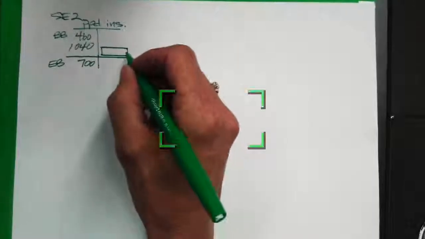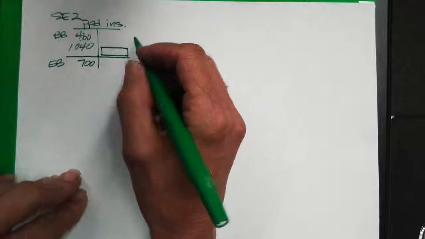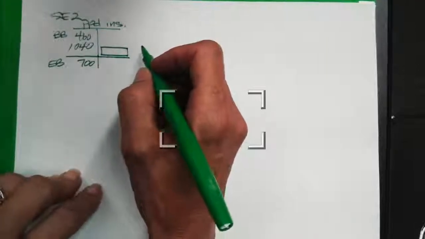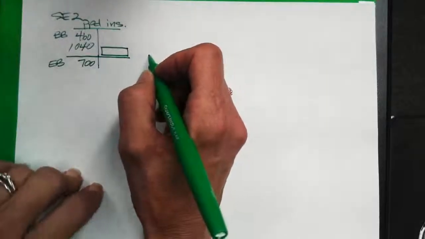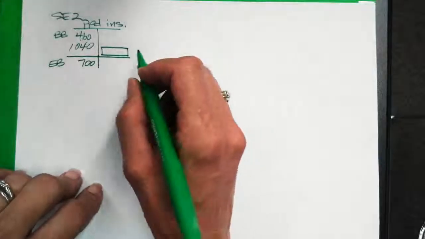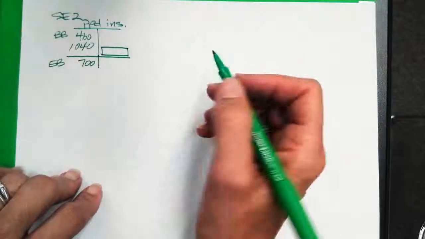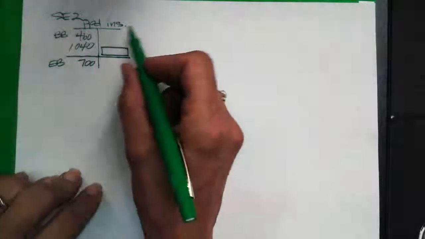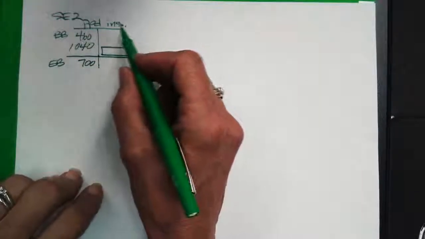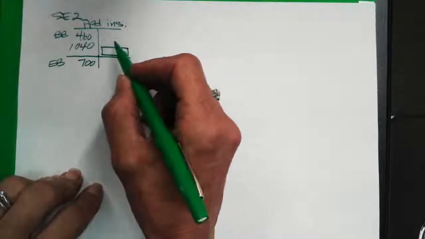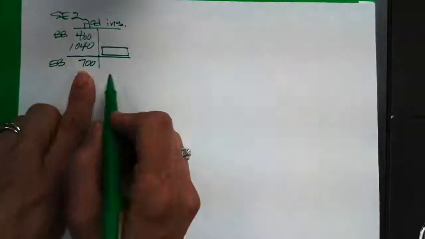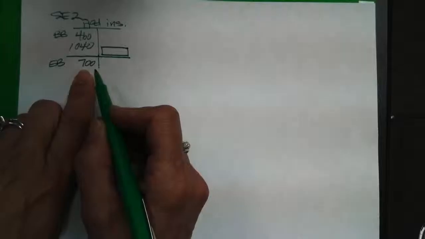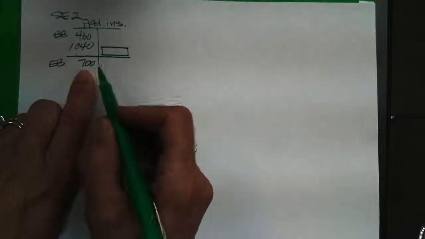The time has clicked by, and the insurance has actually expired. Like maybe we bought a policy that lasted for 2 years, and 6 months of that has gone by, whatever the case may be. So we want to move an amount of insurance out of prepaid insurance and into insurance expense so that the prepaid account shows $700 at the end of the period.